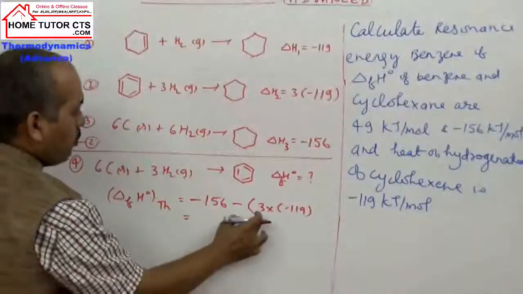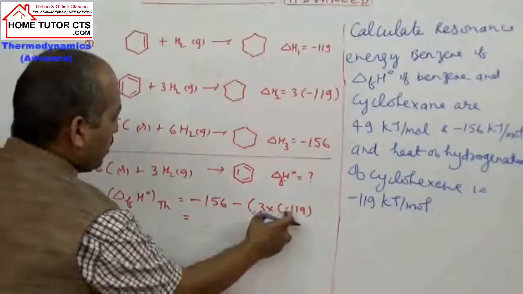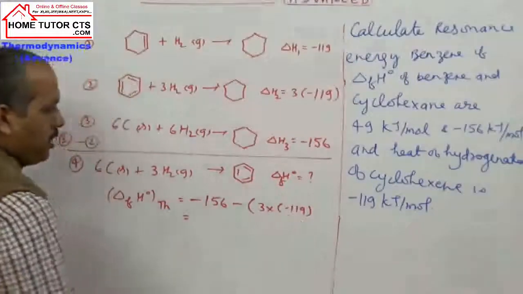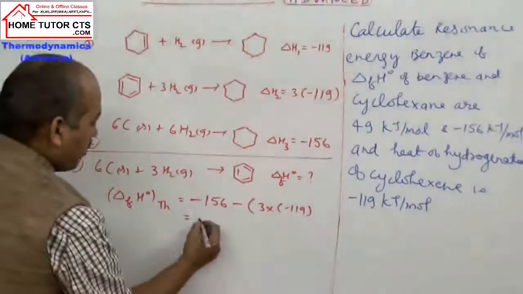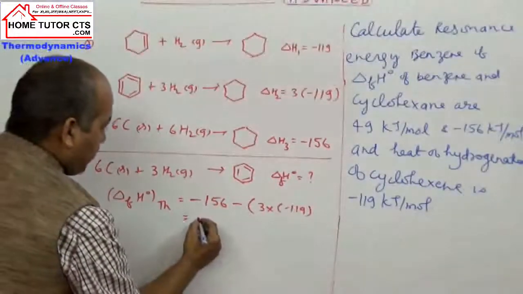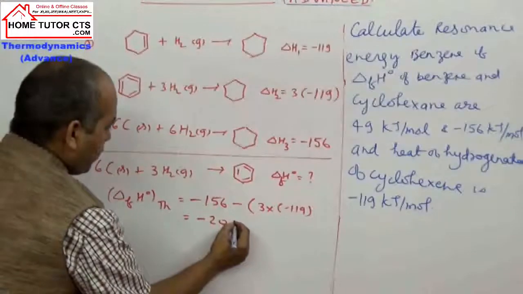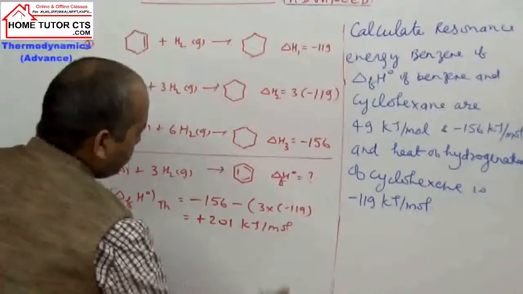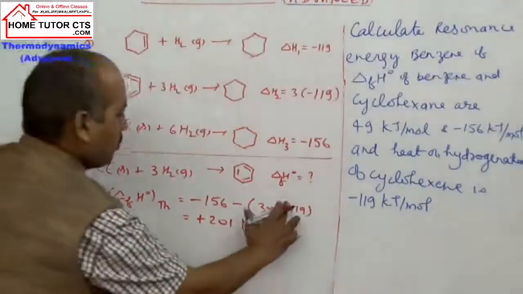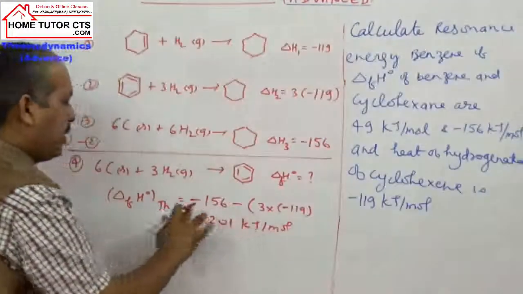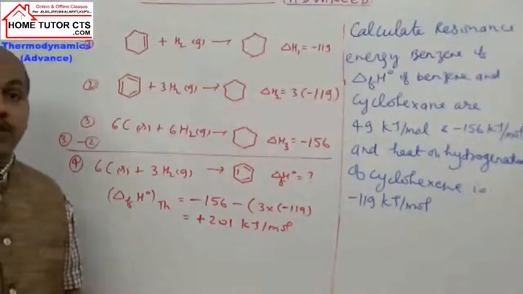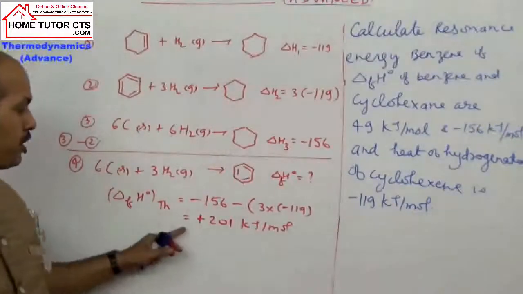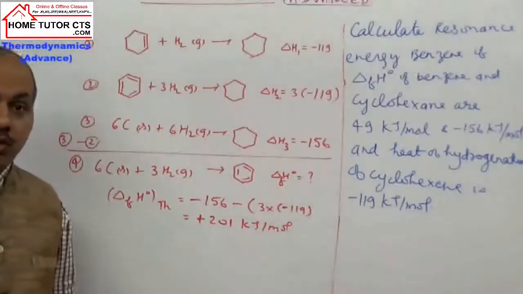What will this value come to on solving? This is positive 357. Minus 209. Sorry, plus 201 kilojoule per mole. This will become positive, higher than the negative value. So the theoretical heat of formation of benzene is found to be plus 201 kilojoule per mole.